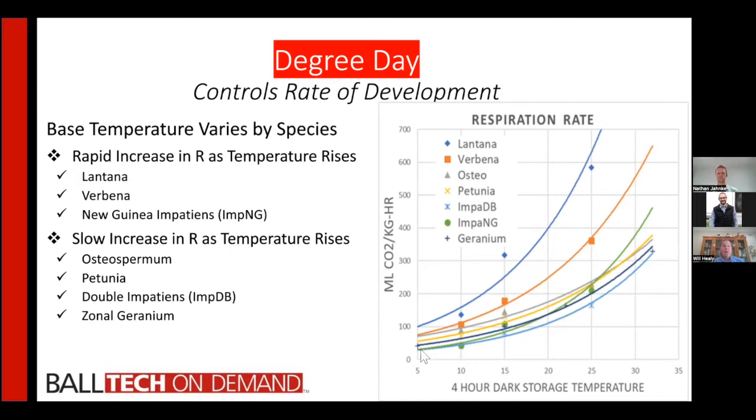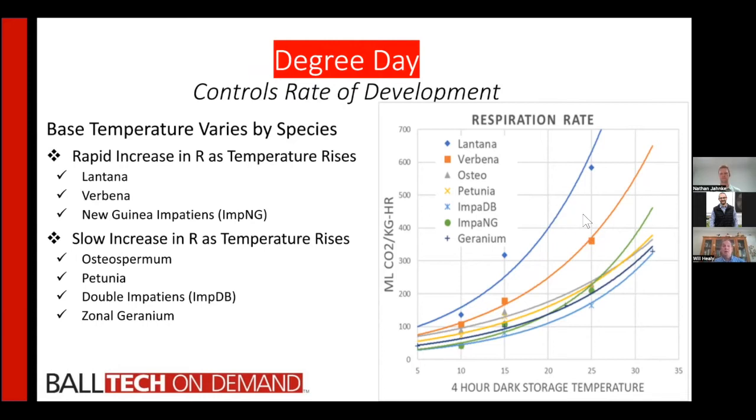Then you have other crops like impatiens or the geraniums, where respiration rates are very low at the 40-degree temperatures and go up fairly slowly, except for geraniums, which then go up fairly rapidly once you get to 20 to 30 degrees centigrade.